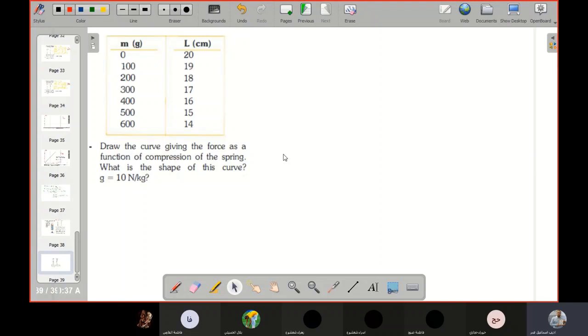There, what did we say? Graph showing the variation of tension as a function of elongation. Here, graph showing the variation of tension as a function of compression. What is the first step we should start with? Start by the table.